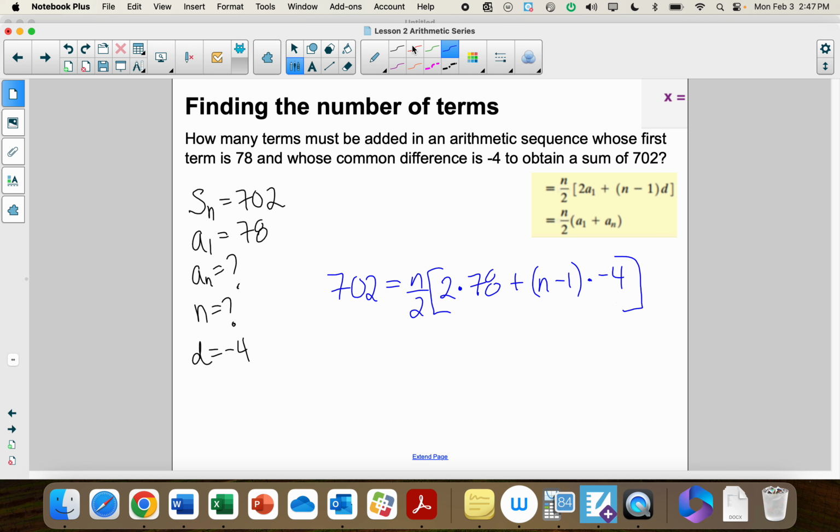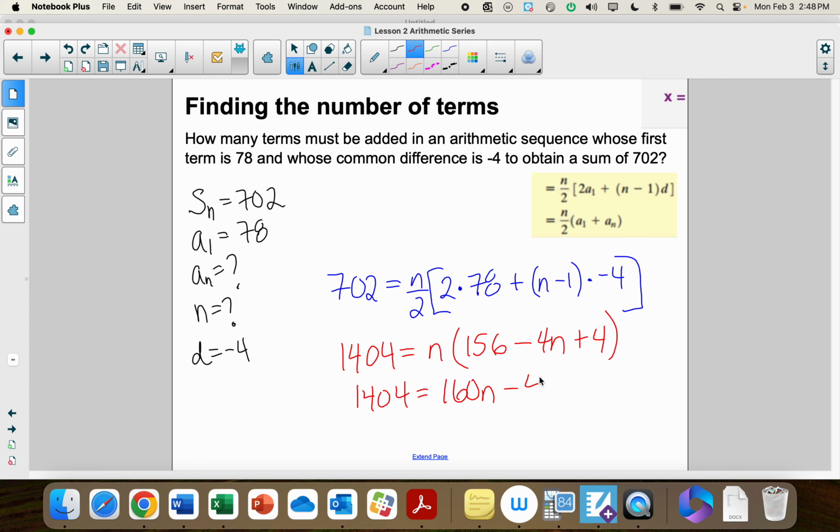So let's simplify it. I'm going to multiply both sides by 2. And so here I need to distribute the n inside here. And combining the 156 with the 4, I get 160n minus 4n squared.